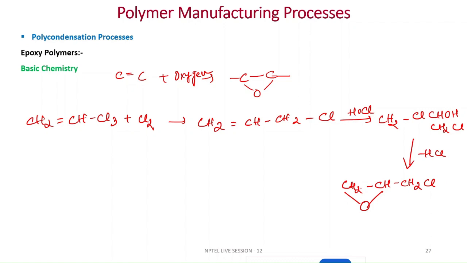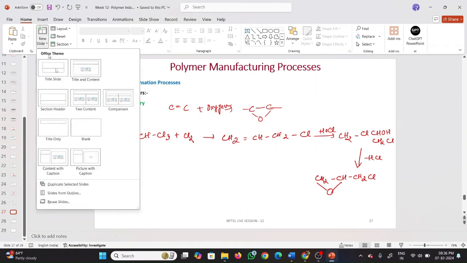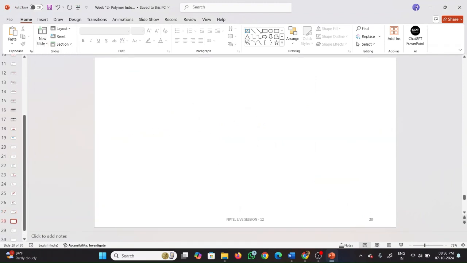Another one we can discuss is the epoxide polymer that contains an epoxy group at the end of the polymer. It may be like the epichlorohydrin reaction with bisphenol A. By these reactions also we will get an epoxide polymer.